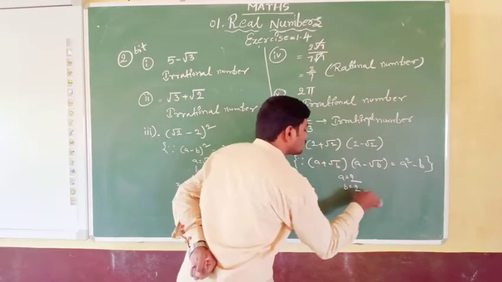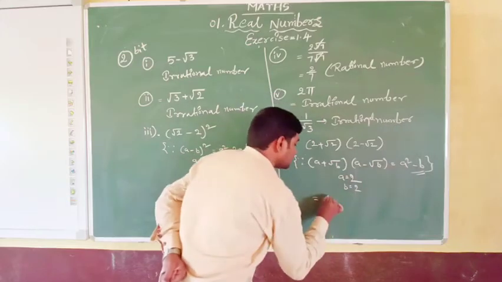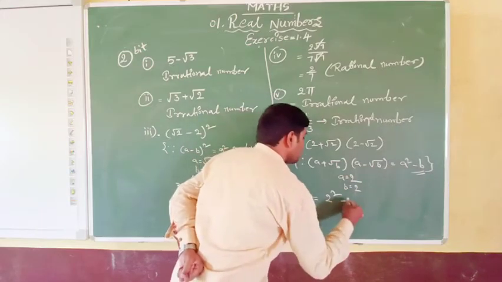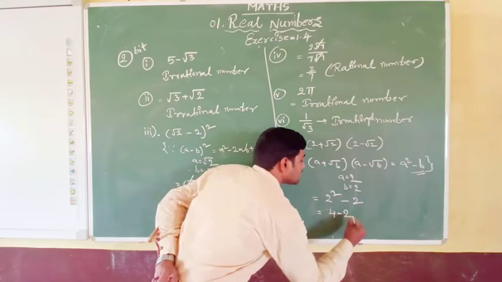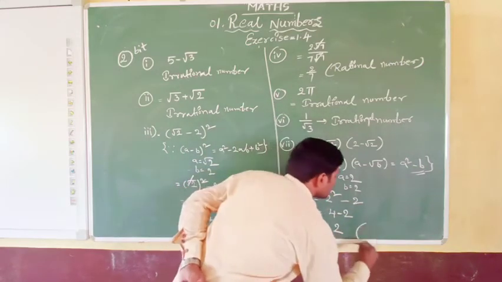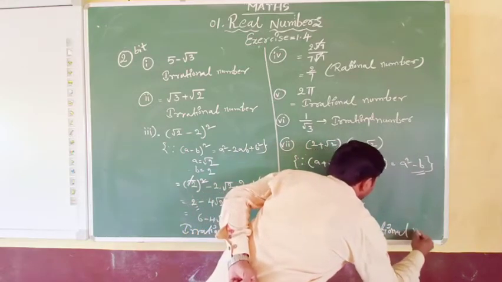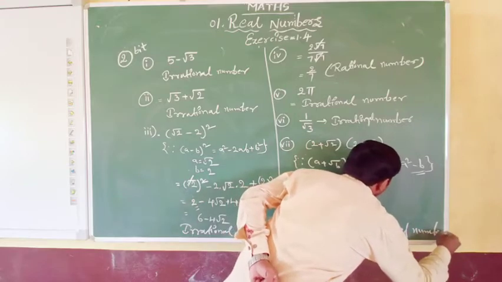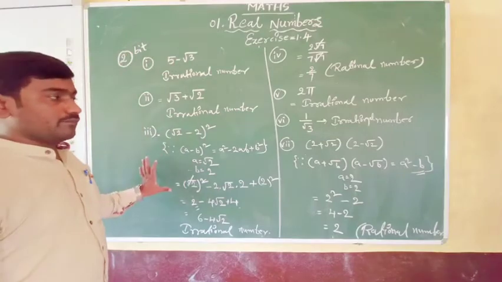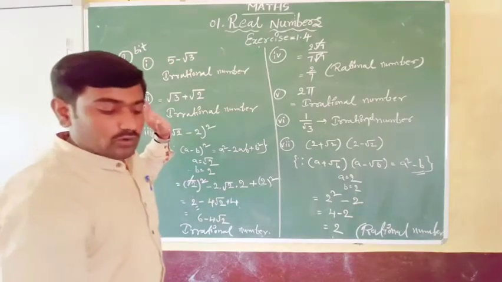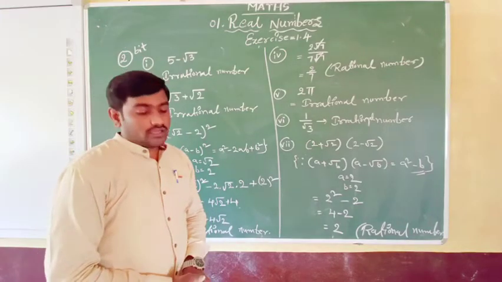It is also 2. So we need to substitute in this form. So a square, that is 2 square, minus b, that is 2. 2 square value is 4, minus 2. 4 minus 2 is 2. It is a rational number. With this, our second bit is completed. So here I hope you understood how to identify rational numbers and how to identify irrational numbers.